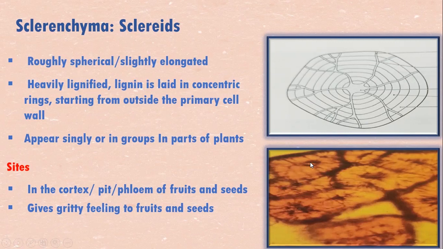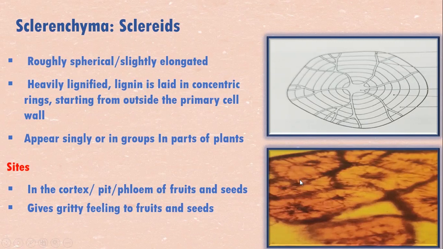Here is the lumen. Here is the lumen. The lignin started moving in concentric rings, and the lumen is left. All these are pits, all right? So you see this, you have some pits, and then the lumen.